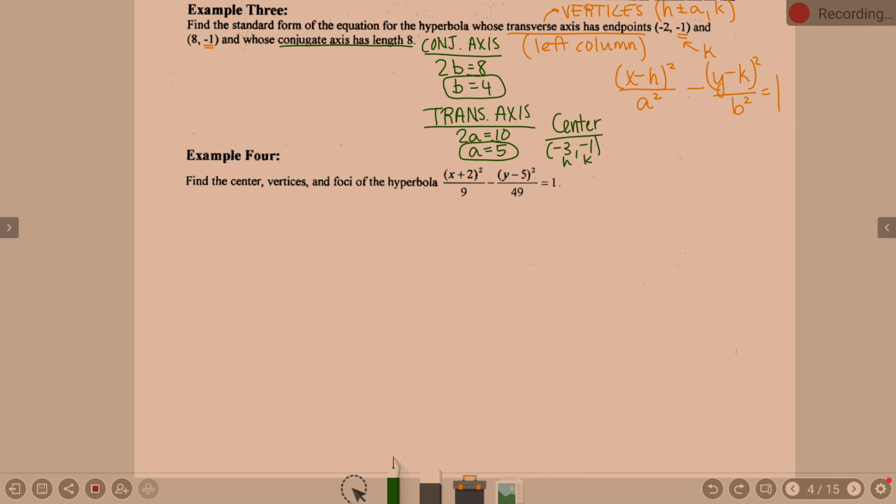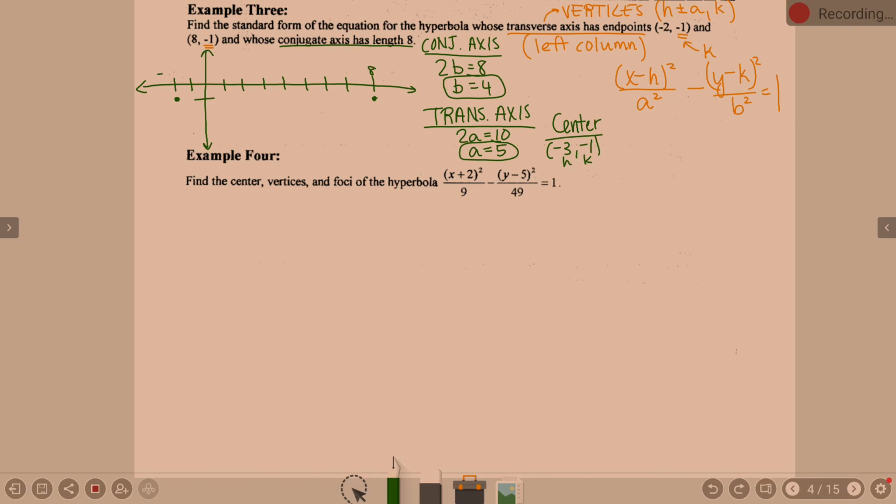Now, in my notes, I have a picture drawn. We essentially just did this without a picture, didn't we? Which is perfectly fine. If you are struggling, I would say, sketch a picture. By sketching a picture, I could have plotted (-2, -1) and (8, -1).